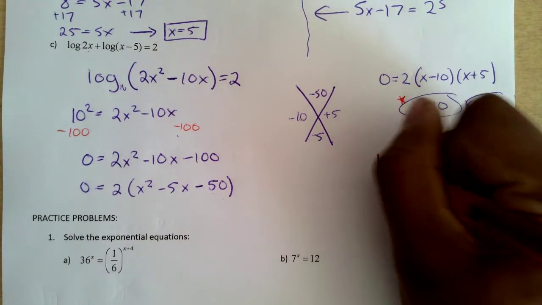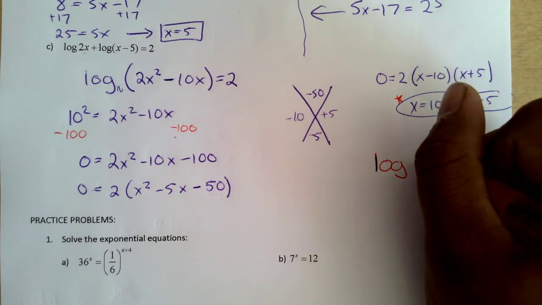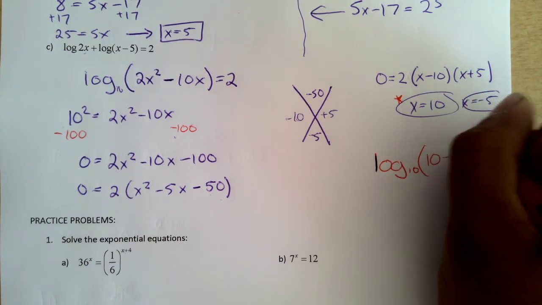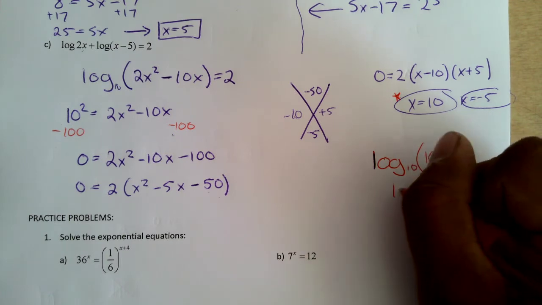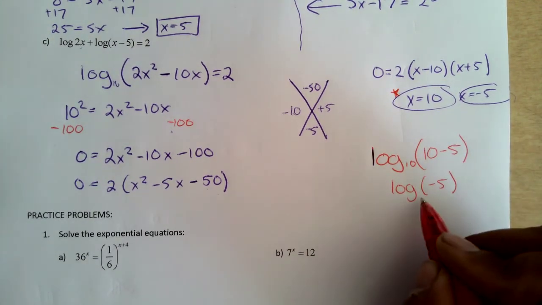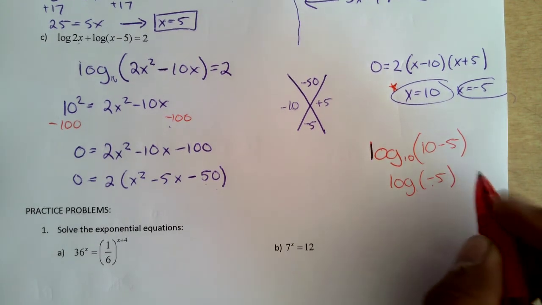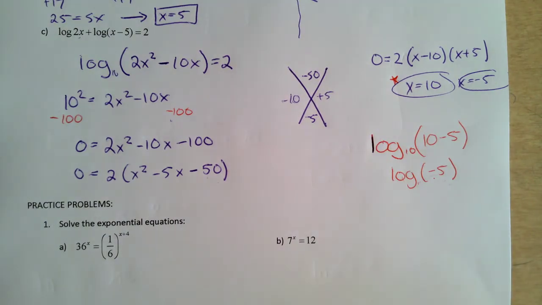The idea is that if I had log base 10 of 10 minus 5, okay, here's the question, and we can even see this, log of negative 5. This means 10 to some power is negative 5. Exponents can't really do that, right? So in this case, this particular part doesn't have any value associated, and we can even see that.